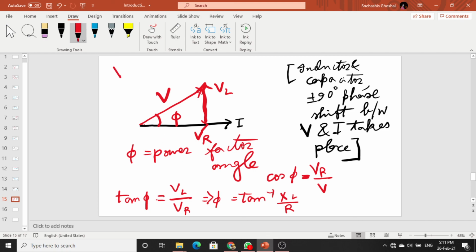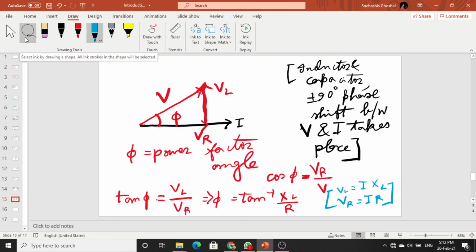Because VL equal to I into XL and VR equal to I into R. Okay. So this is all about the series RL circuit. In the next we will be discussing the series RC circuit and other associated elements. Thank you.